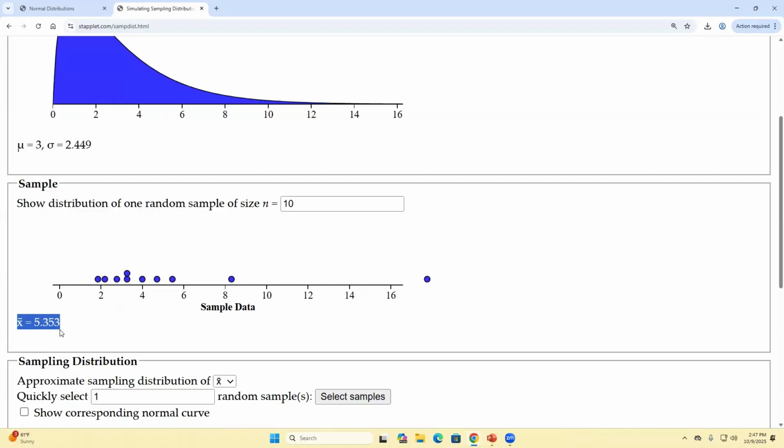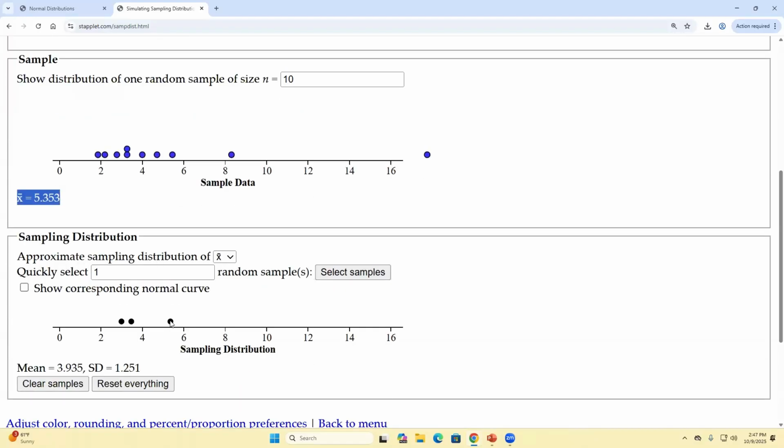This sample mean vastly overestimated what the population mean is, but importantly, this new sample with its new sample mean gets added to the sampling distribution. And we now have it registered here as a dot at 5.353. So is it clear the relation between the population, the sample, and the sampling distribution? Does that make sense so far?